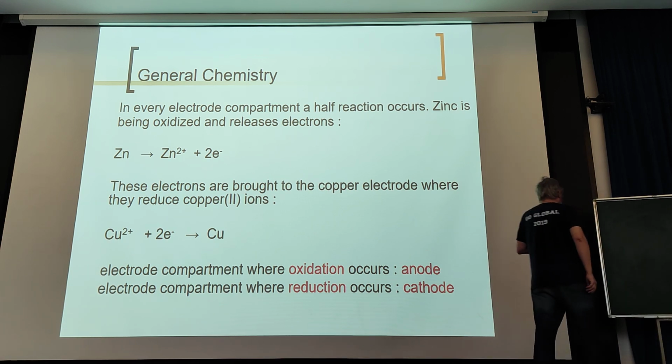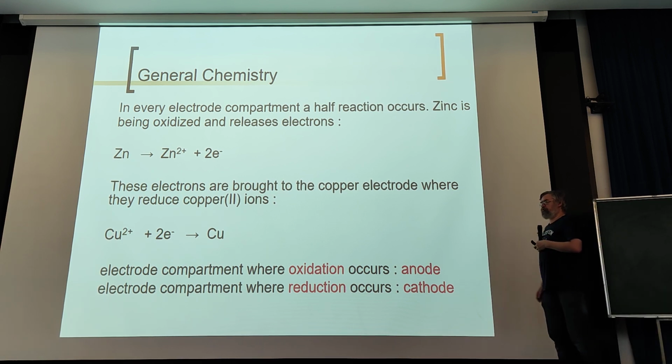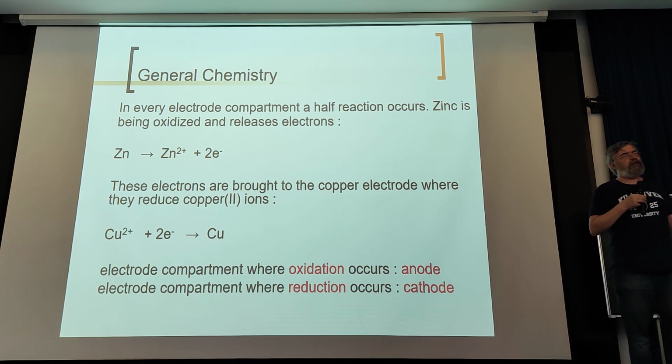So in the other compartment, we actually have the copper 2 plus, which is being reduced. Normally we could see that by the color of the blue salts being diminished after all. So cathodes and anodes are different electrodes and can be found in different compartments.